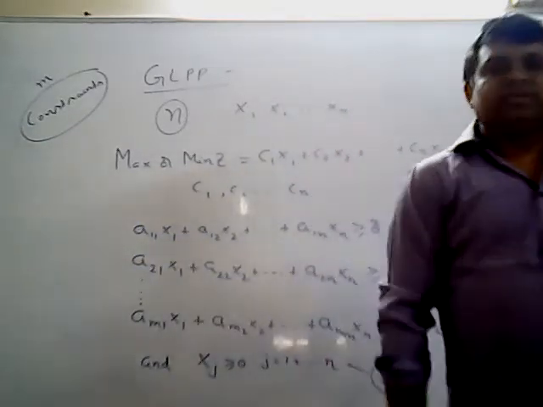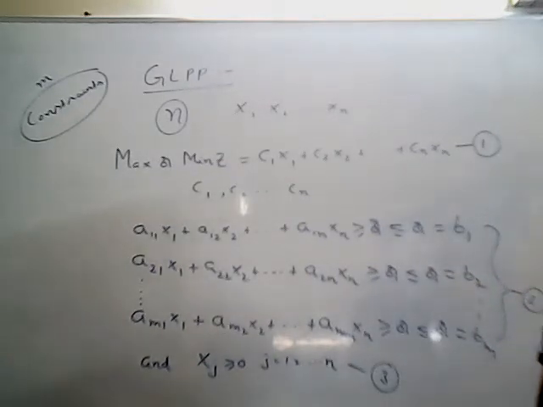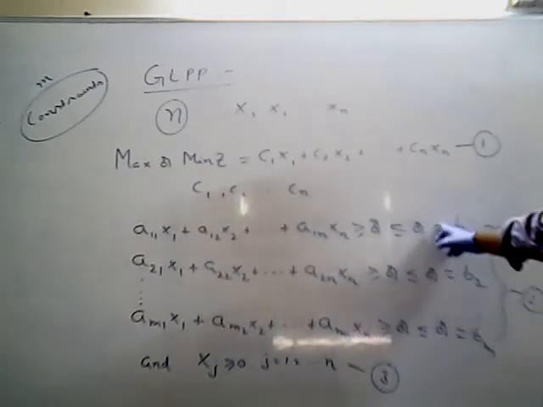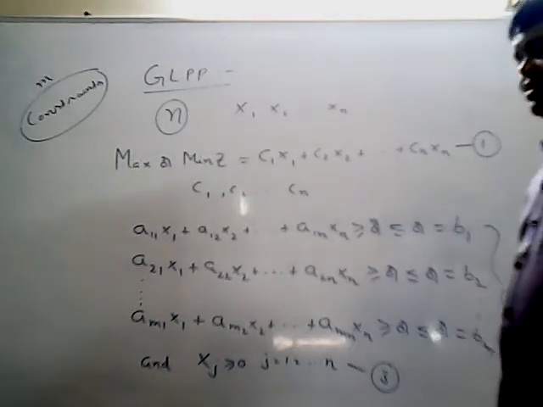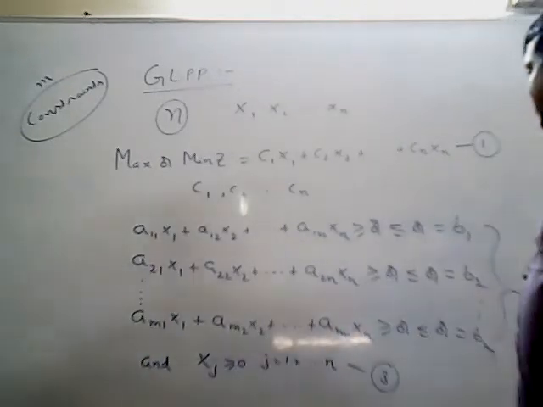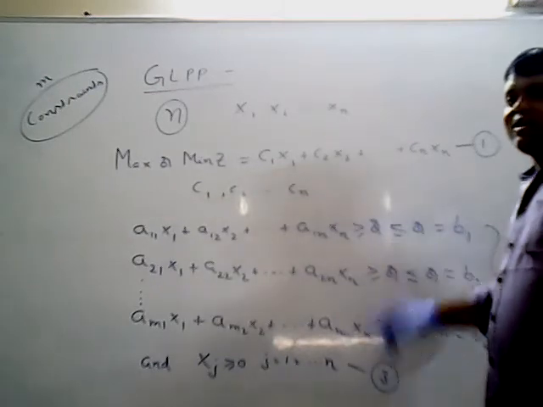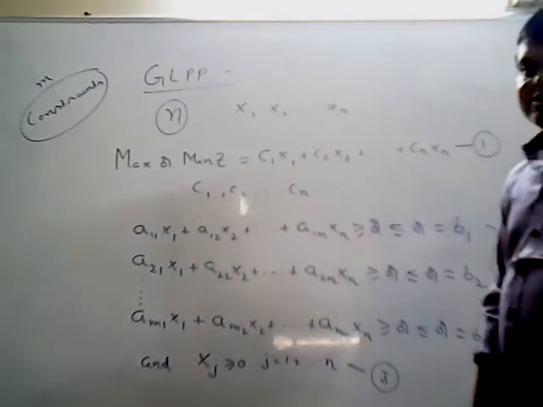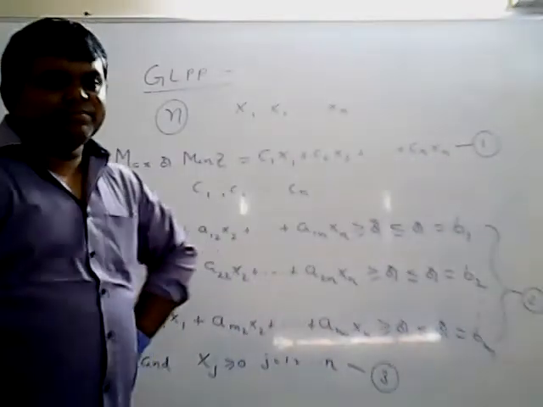Equation 2 is called the set of constraints, which may be in the form of inequalities or equalities.